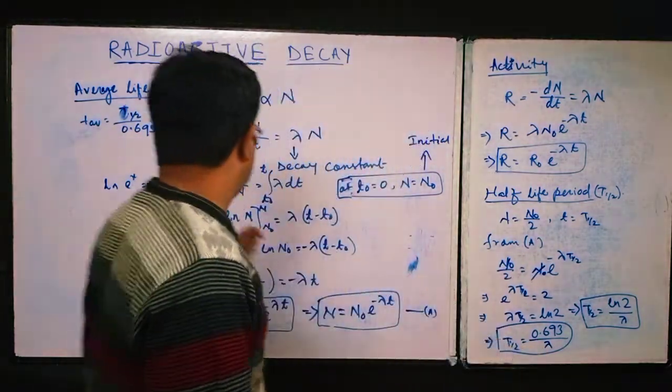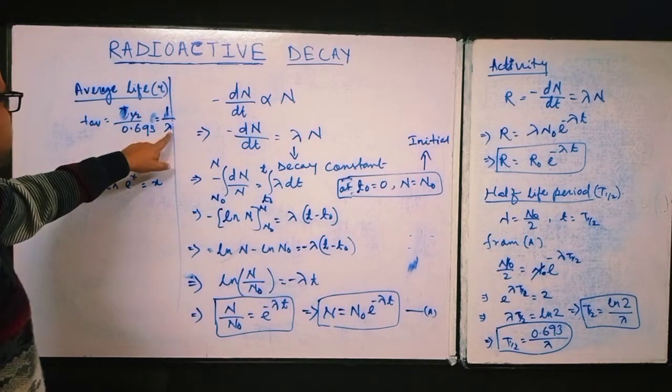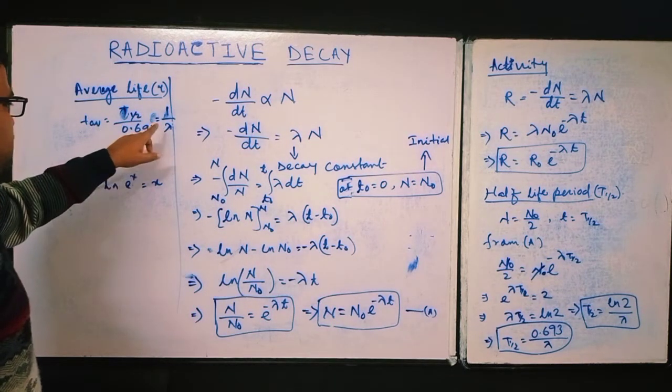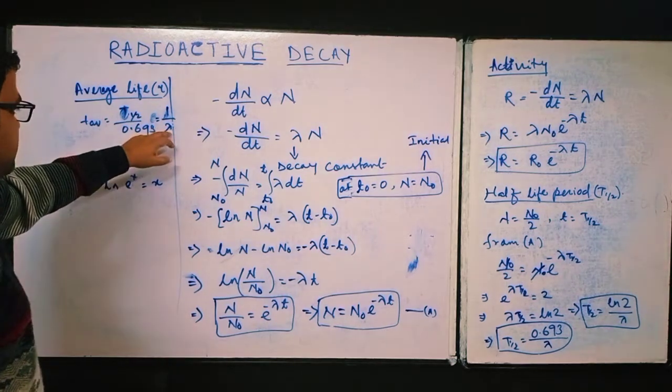So t average equal to 1 upon lambda, that is, t half divided by 0.693.